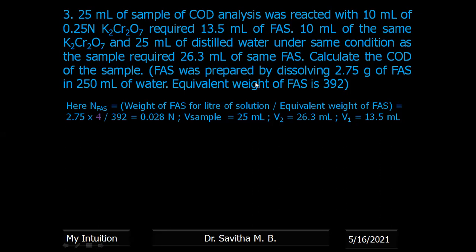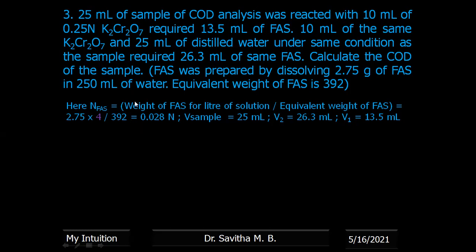Here, potassium dichromate normality is given, and at the same time the preparation of FAS is also given. That means we can find out the strength of FAS. Now how to find out? We have the formula: weight of FAS in 1 liter of solution divided by equivalent weight of FAS.